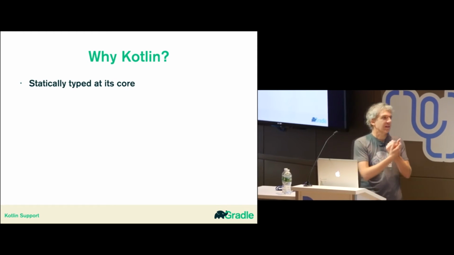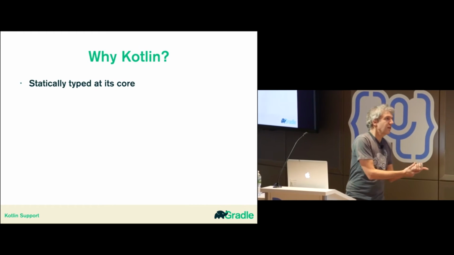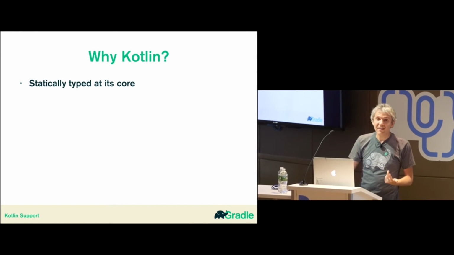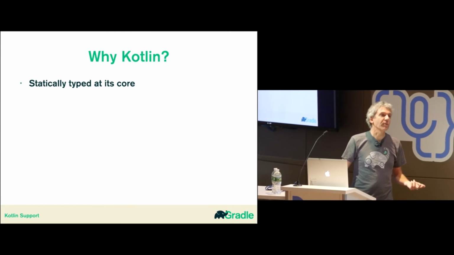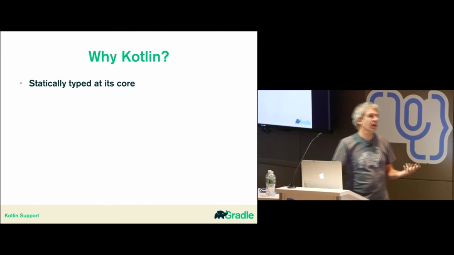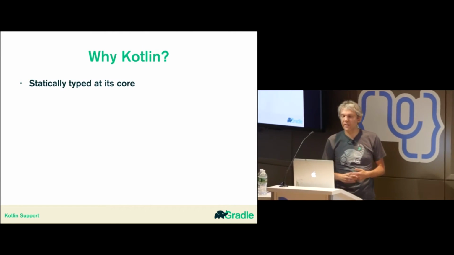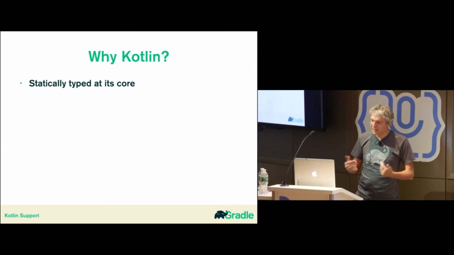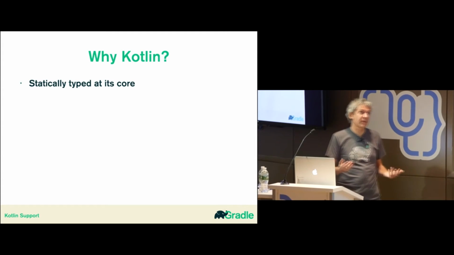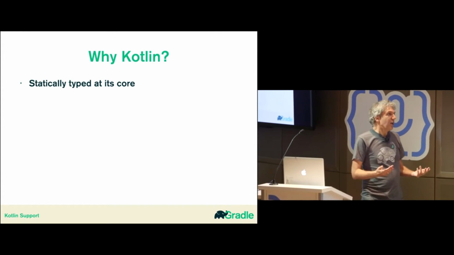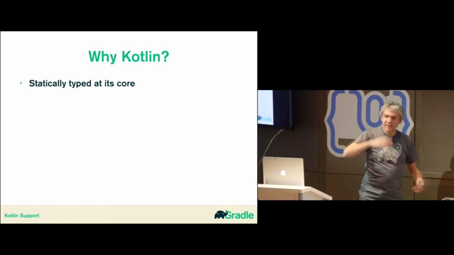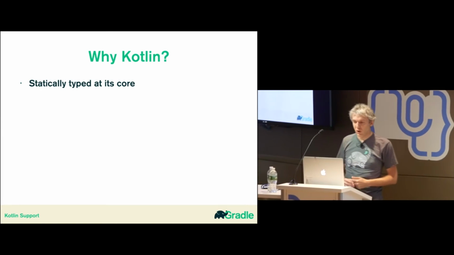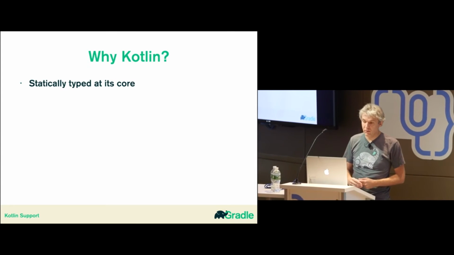That means it is still a very elegant DSL, but it's statically typed, which means much better IDE support and also better performance. Especially when you write your plugins in dynamic Groovy, this can have a negative effect on your performance. The alternative at the moment is to write it in Java, which is not a very friendly way to write a Gradle plugin.